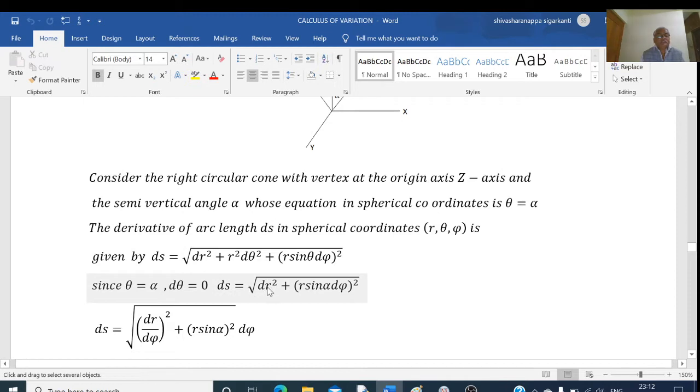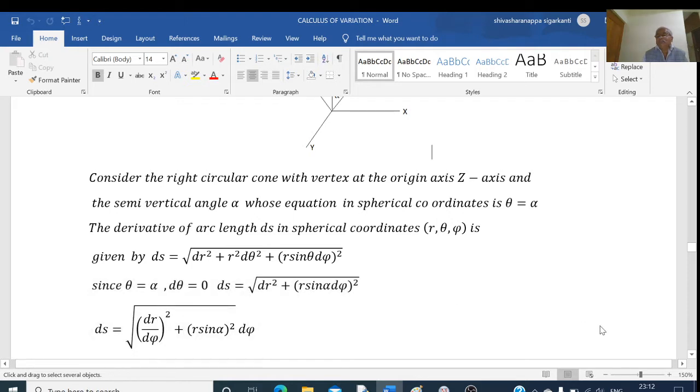This is my ds. Or we write this ds by taking d phi square common within this square root. I will write this as the square root of (dr by d phi) whole square plus (r sin alpha) square, into d phi.